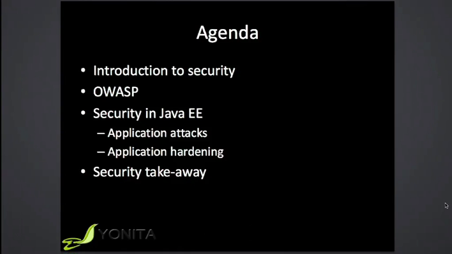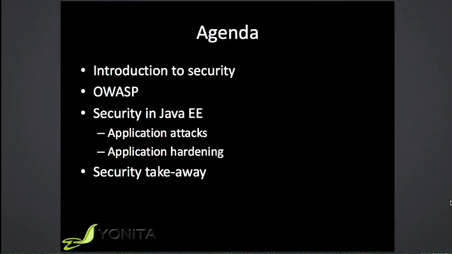Okay. So what about today's session? First of all, a very short introduction to security to be on the same page. Then we move to OWASP, that's Open Web Application Security Project. And I'm going to tell you a little bit about top 10 security risks according to OWASP.